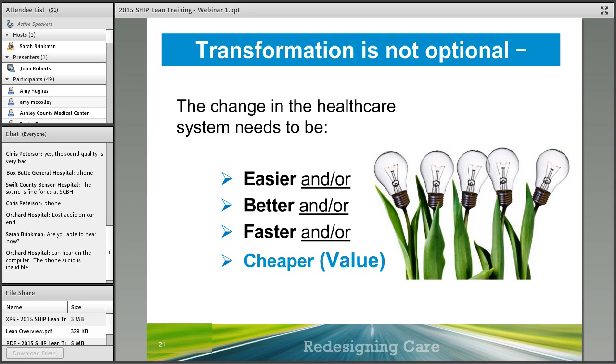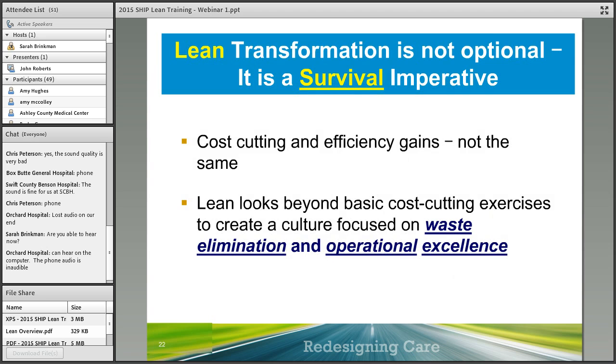So I believe transformation is not optional. Whatever happens as we move forward in the next few years in the changing healthcare system has to be easier, better, and faster, and again, we have to create and be able to demonstrate value for what we're providing and what we're charging for.